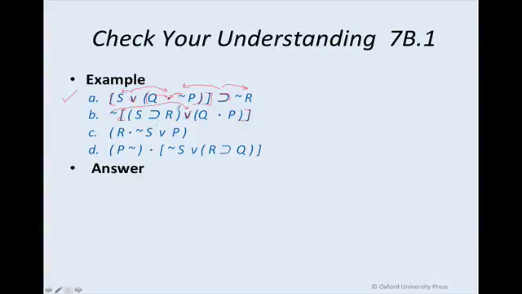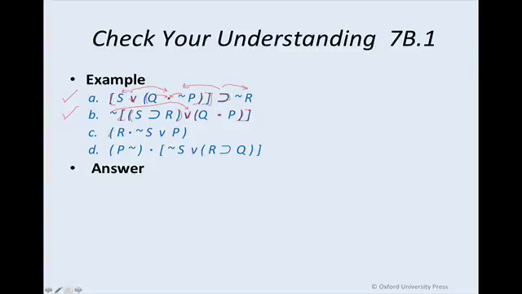On the left side of the disjunction, we have a conditional in parentheses, and on the right side of the disjunction, we have a conjunction in parentheses. So this guy looks good.